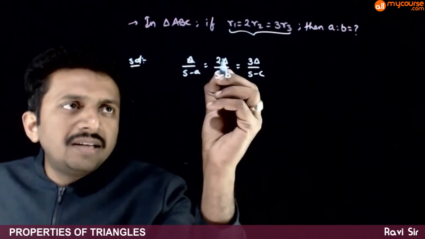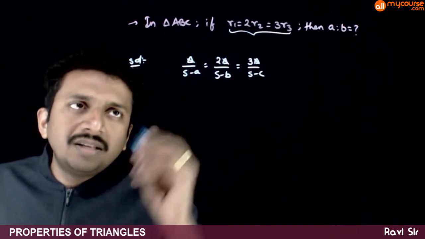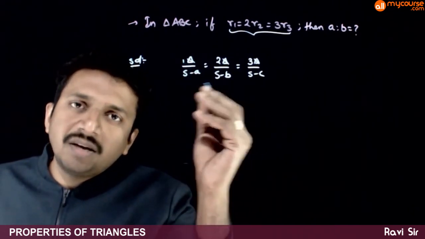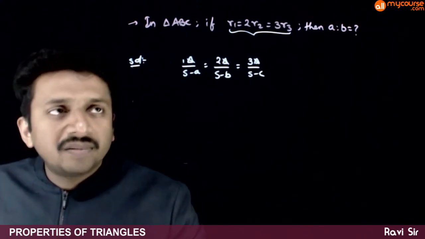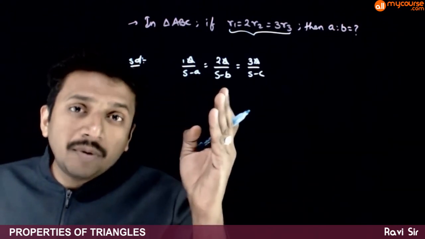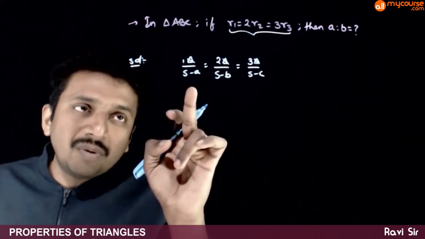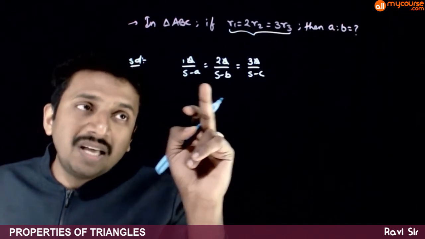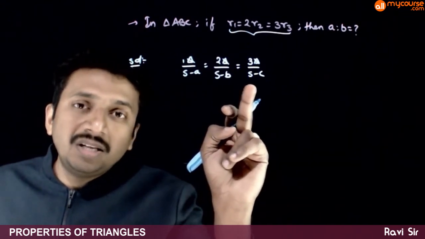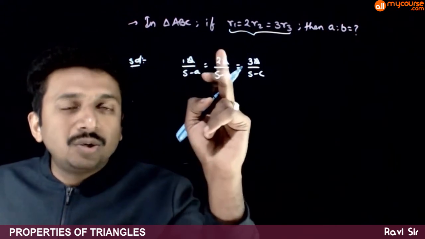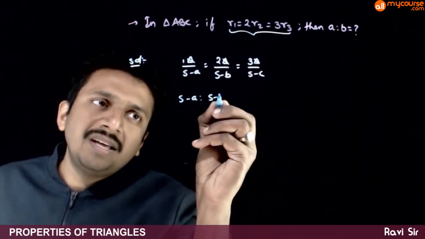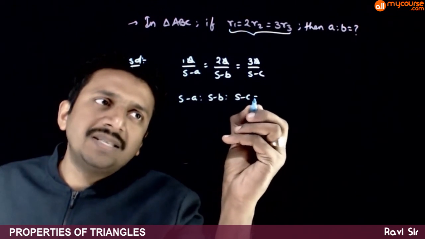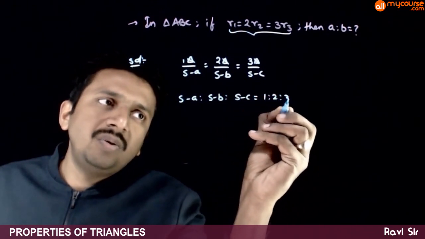So this delta is getting cancelled. That means 1 by (s minus a) is equal to 2 by (s minus b) is equal to 3 by (s minus c). So if you have seen equations like this before, this equation simply means that (s minus a) is to (s minus b) is to (s minus c) is 1 is to 2 is to 3. So the ratio of s minus a, s minus b and s minus c is 1 is to 2 is to 3.